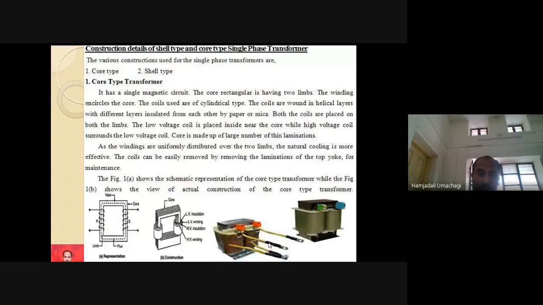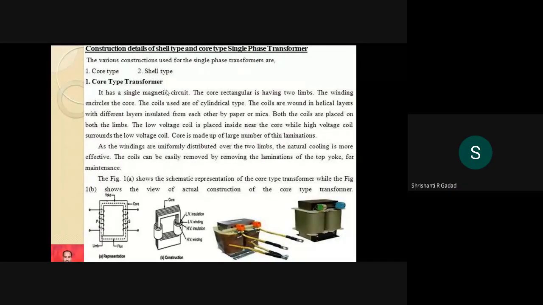Then there are different types of transformer. Already you have studied in basic electrical. One is core type, another is shell type. Have you studied core type and shell type of transformer? Okay.